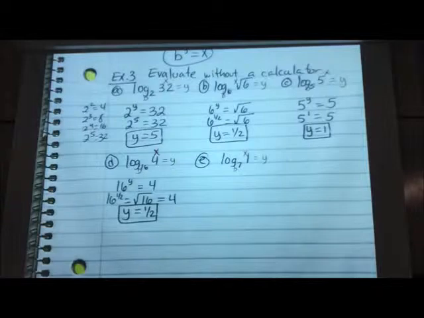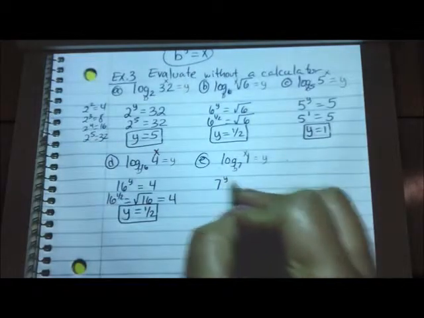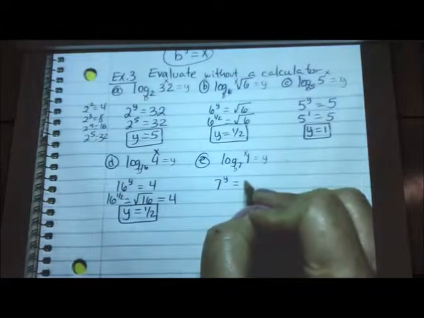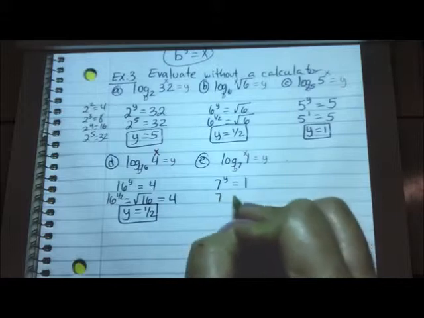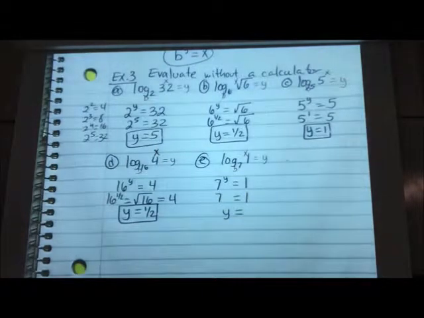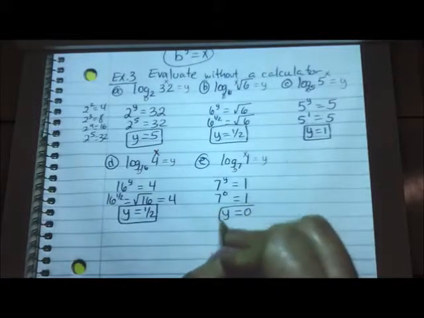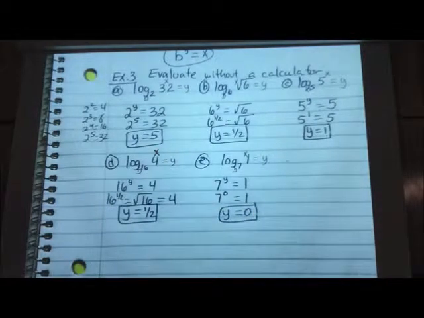What do you think the answers could be here? 7 to the y equals 1. What does y have to be in order for it to be 1? A negative? Square? Any? 0. Very good, there you go. Anything to the 0 power is always going to be 1. So in this case, it's a 0.